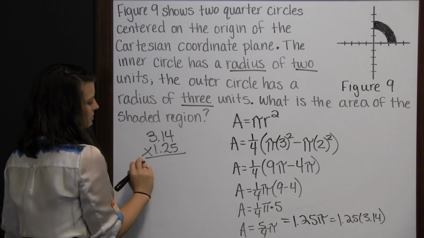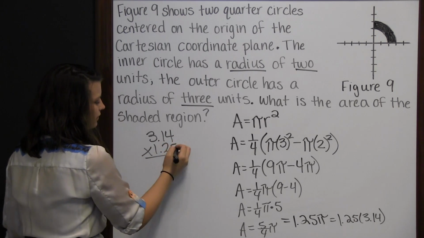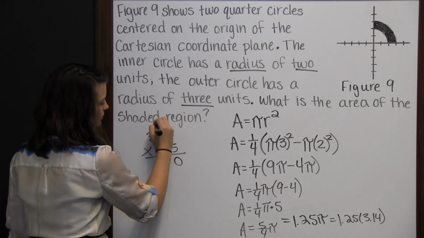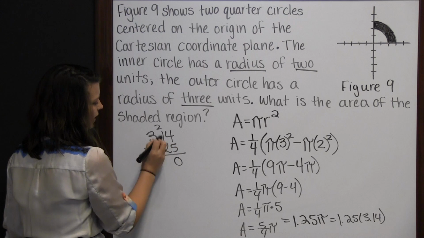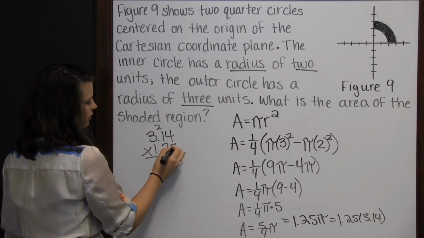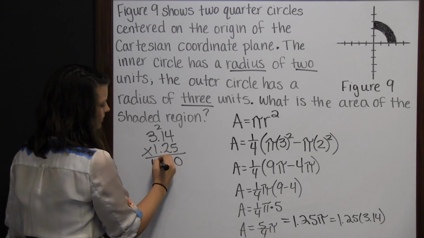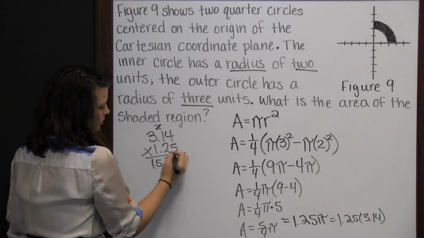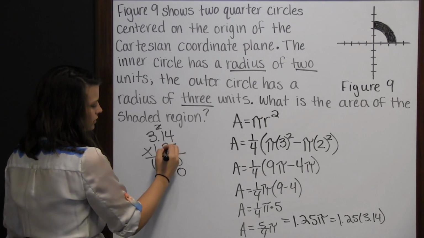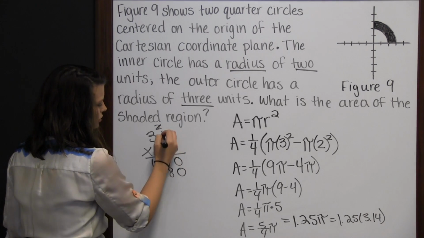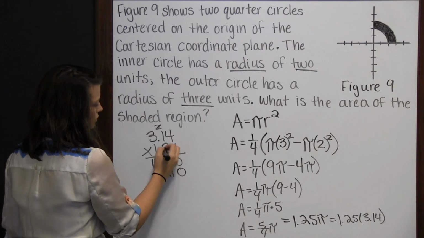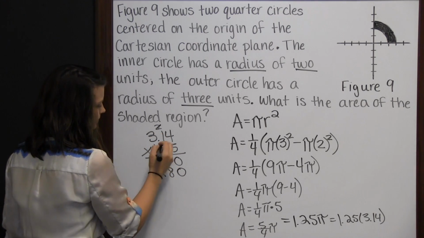And that's my pi. 5 times 4 is 20. 5 times 1 is 5. That's 7. 5 times 3 is 15. Put a 0 placeholder. 2 times 4 is 8. 2 times 1 is 2. 2 times 3 is 6.